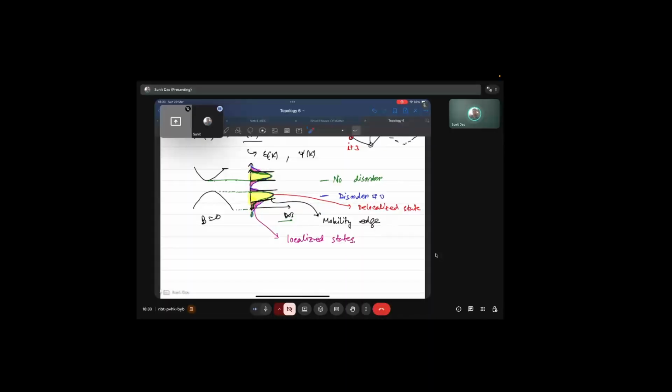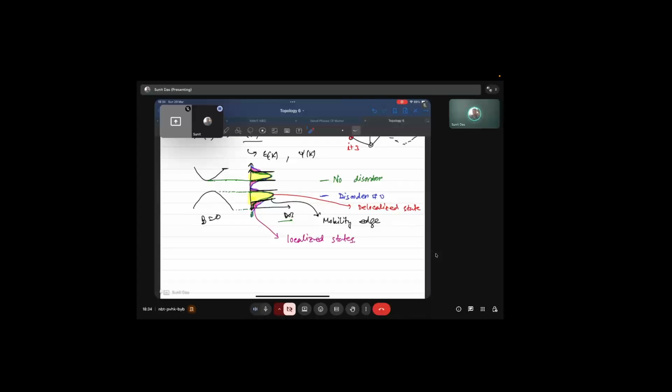So the electrons with this kind of density of states are not really mobile, so they will sit at the same point basically. And the boundary between this localized and delocalized state is what we call mobility edge. Okay, so this will be important in understanding the stable plateaus in the system, as well as why there is the development of longitudinal resistance.